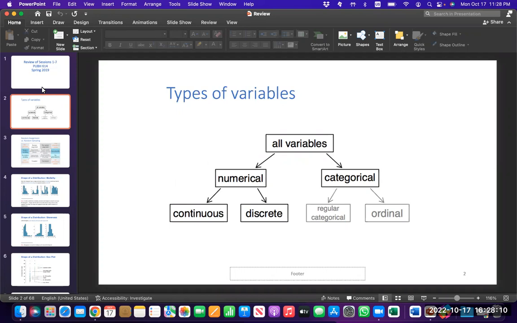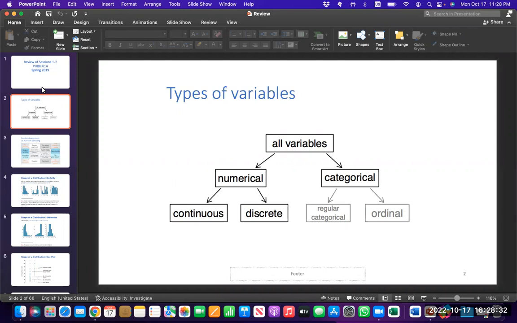Think of this in terms of the format of the data that you have analyzed, where continuous variables can take any possible value, whereas discrete is essentially some form of a count.